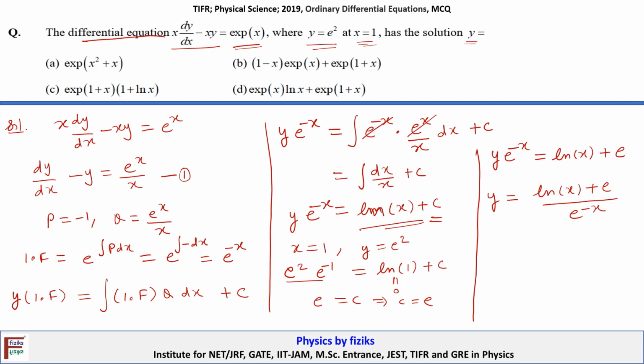This can be again written as y is equal to e to the power x into ln of x plus e to the power x into e, and this can be finally written as e to the power x into ln of x plus e to the power x plus 1. That is the final solution, which corresponds to option D here, and hence option D is the correct option.